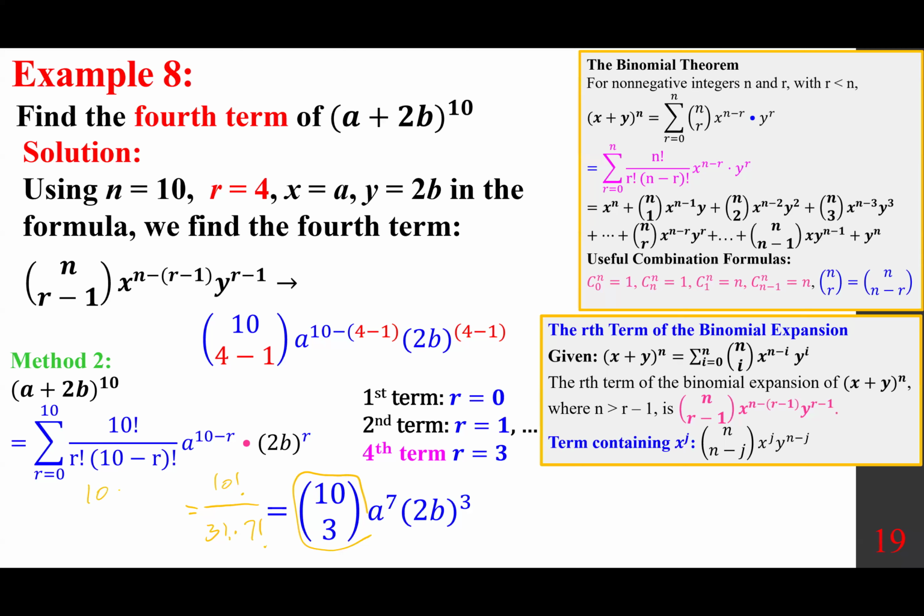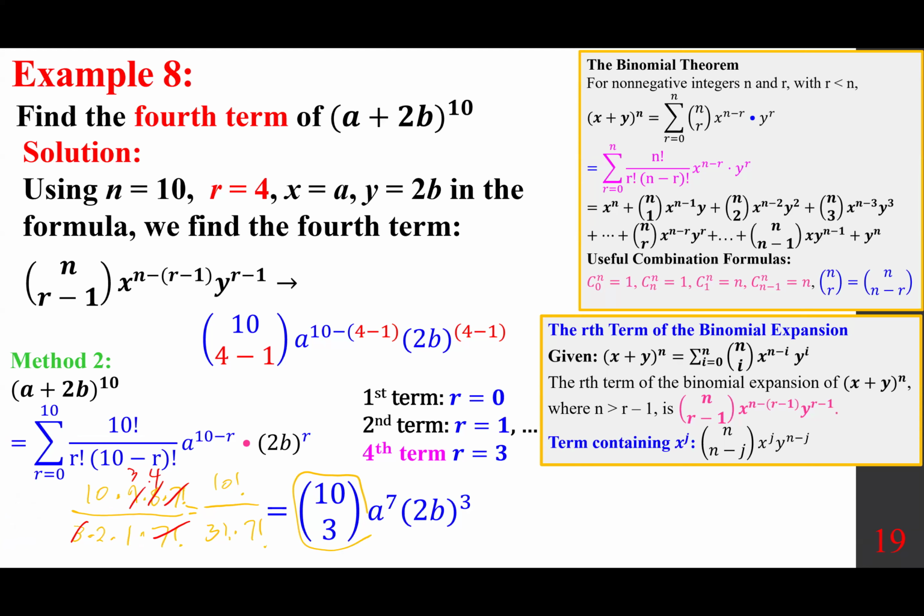I put 10, 9, 8, 7 factorial over 3 times 2 times 1 times 7 factorial. Notice I choose to keep the 7 because it's larger than 3. And then I can get rid of the 3.